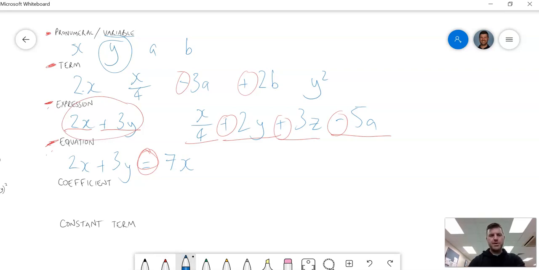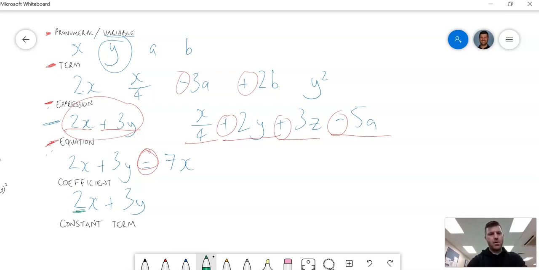Okay. Moving on to the word coefficient. A coefficient is the number in front of the pronumeral. My apologies. So if I'm going back to my example I've used here, let's say 2x plus 3y, the coefficient of x is 2. In this case it's positive 2.